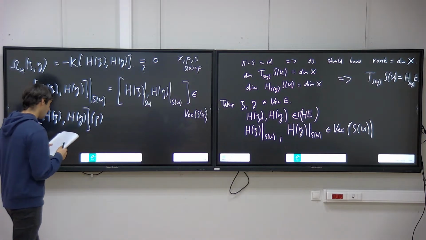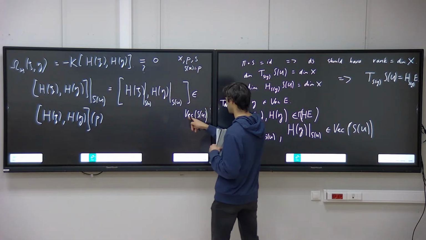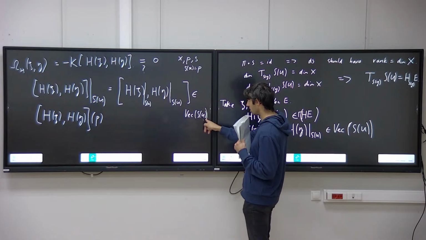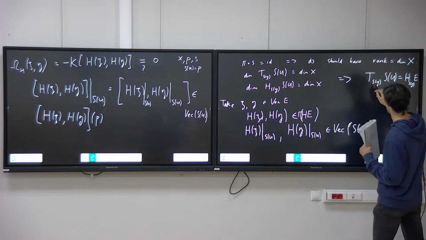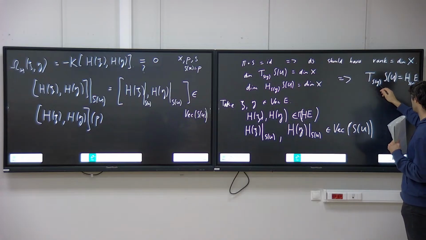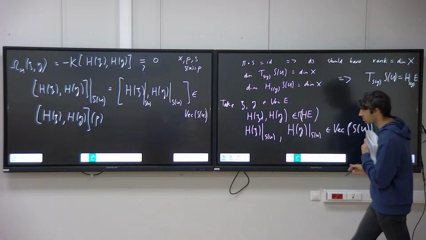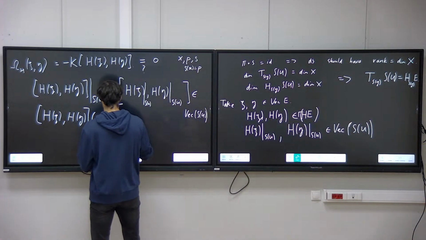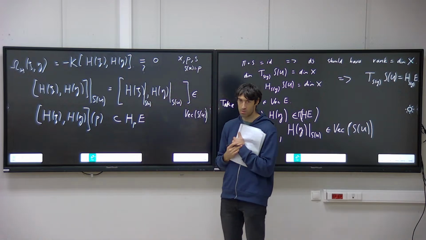And I know that this belongs, because this is in the vector field of S of u, I restrict it to p, so this will be inside here. Well, here I will have s of x, which is just p. So this is inside Tp S of u, and this is inside Hp E. So my conclusion is that this is really a horizontal thing.